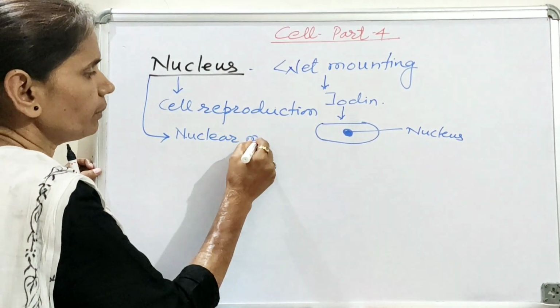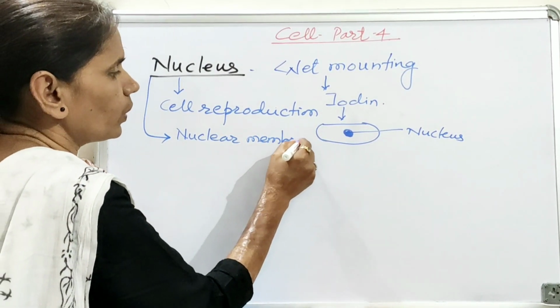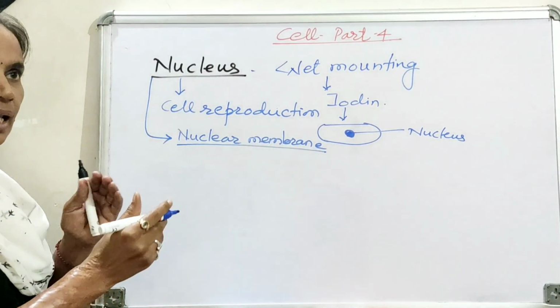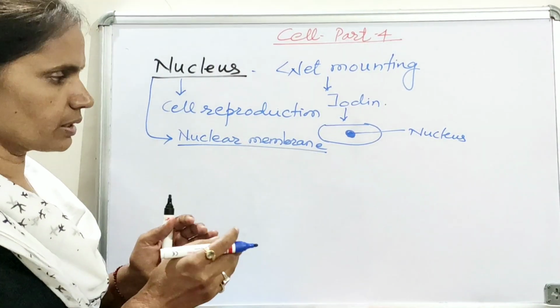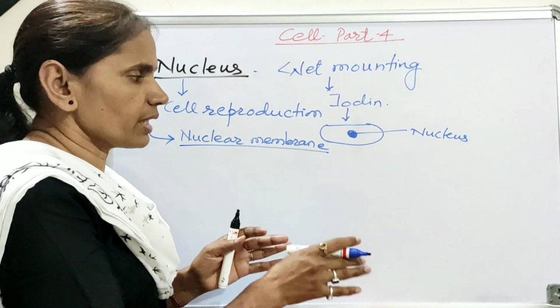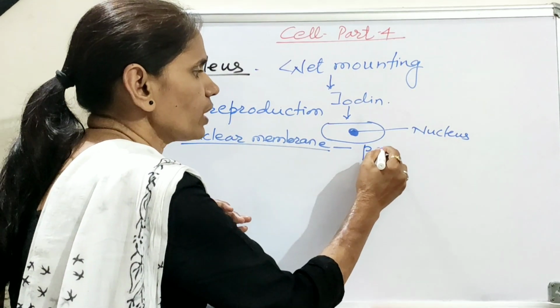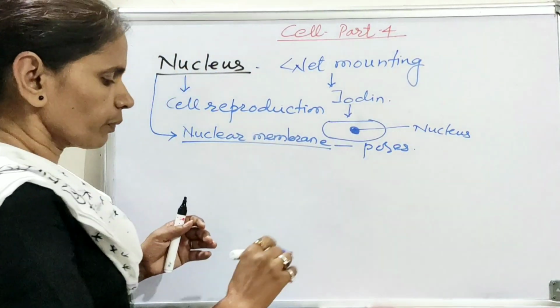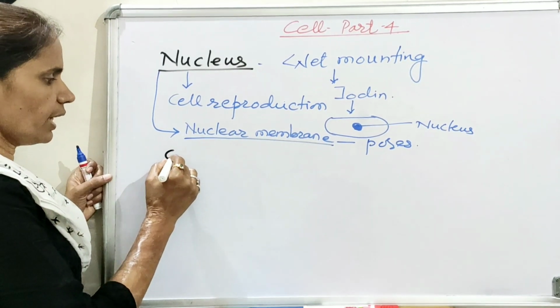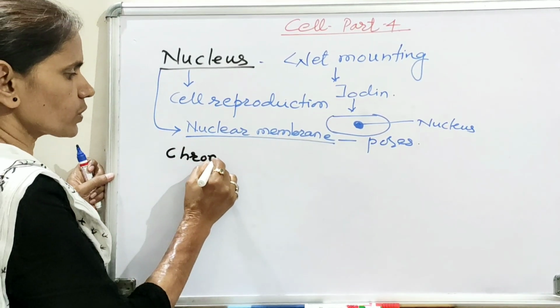Now this nuclear membrane has pores. Because of these pores, the nucleus can interact with the cytoplasm. So the nuclear content can be transported into the cytoplasm through the pores of the nuclear membrane. The nucleus is made up of specific structures known as chromosomes.